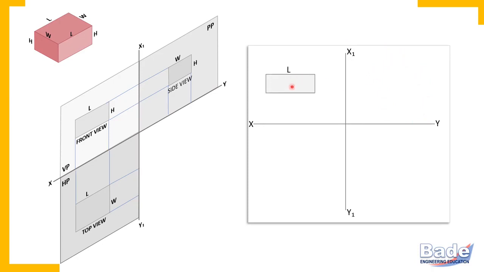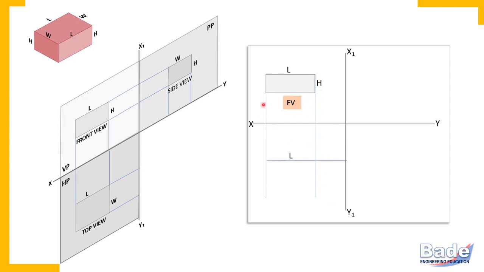Now the view in VP is the front view. So this front view appears on the drawing paper above the XY line. It is a two-dimensional view where you can see length and height. In the top view, you get the two dimensions of the object, length and width. Since the same length appears in the top view, you can directly project that length.